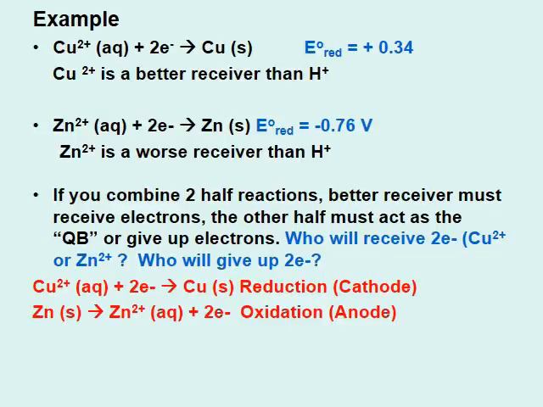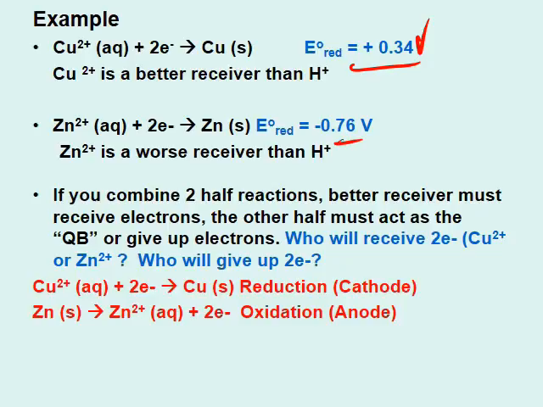Now here we're going to show you a better receiver and how it is going to affect the overall EMF or voltage of a cell. I copied here two values from the back of the book. The reduction value for copper is 0.34 volt, and the reduction value for zinc 2+ is minus 0.76 volt.